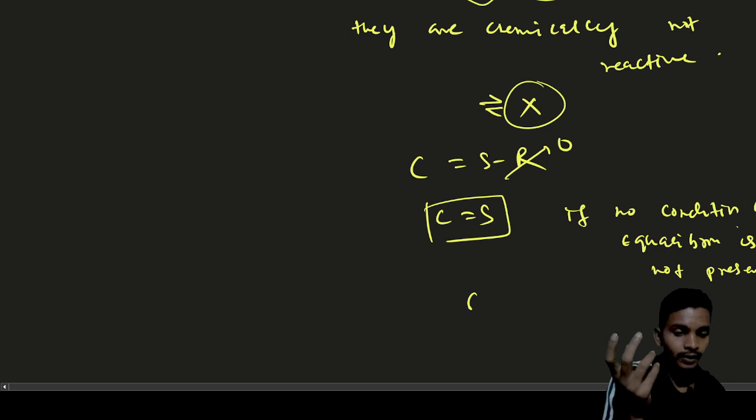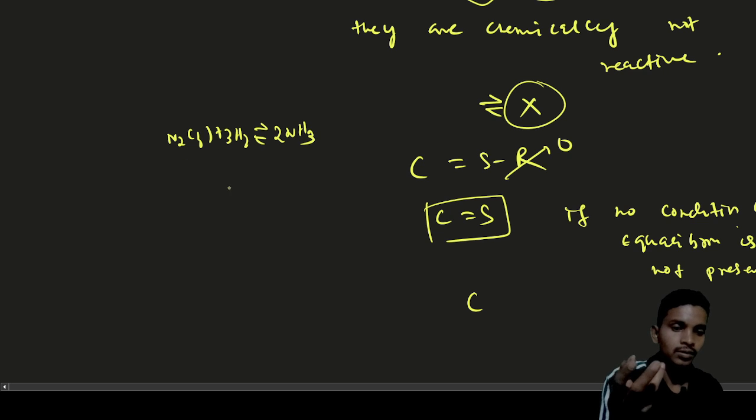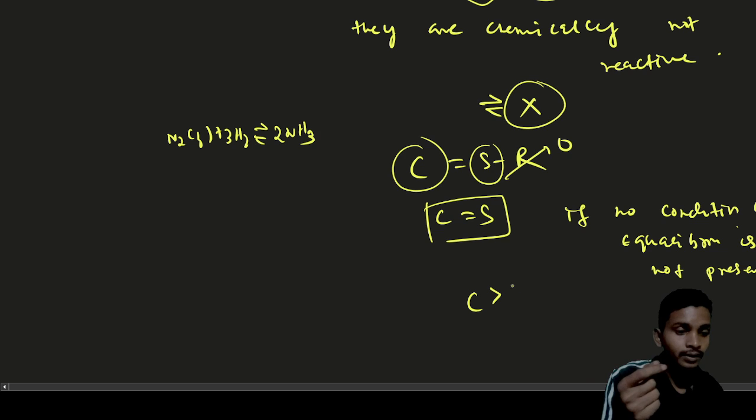If equilibrium is present, then components are less than species.